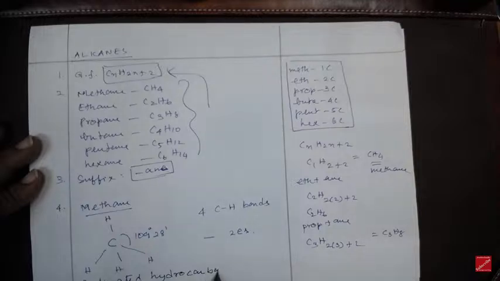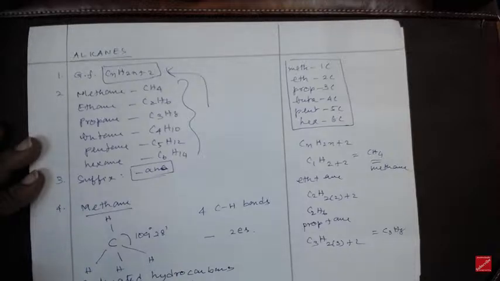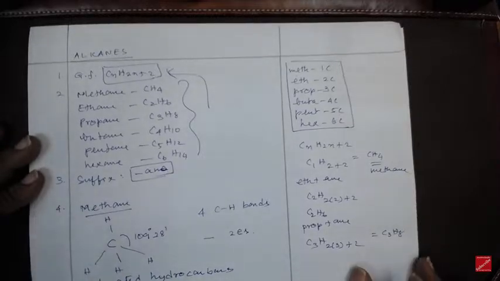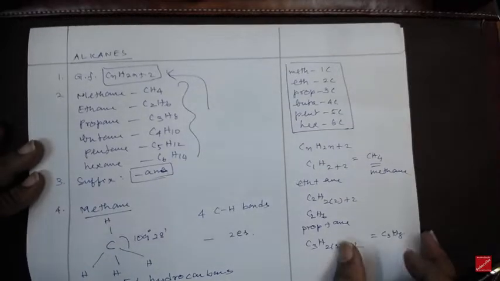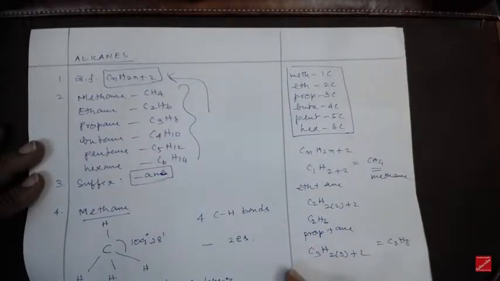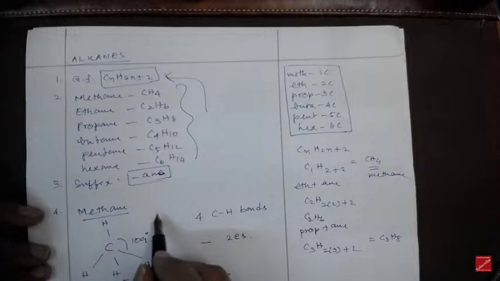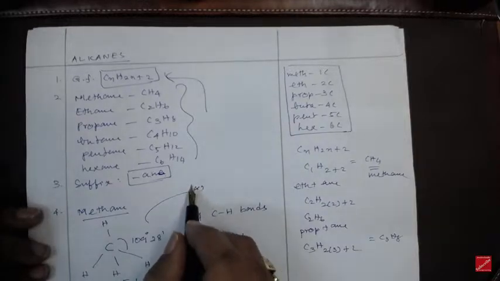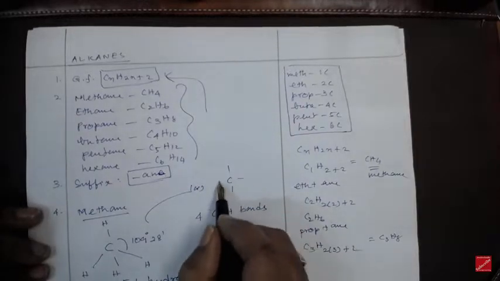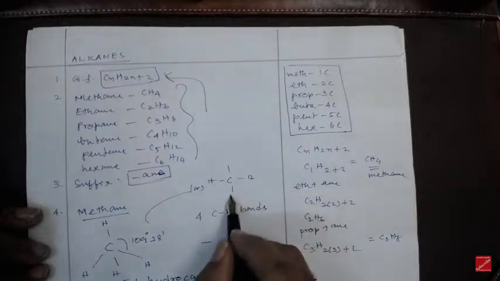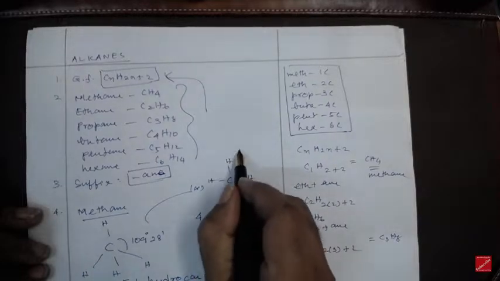It means they are satisfied with only single bonds. Now let us try to draw the structure simply. The CH4 can be simply represented like this, CHHH. That's all. Okay.